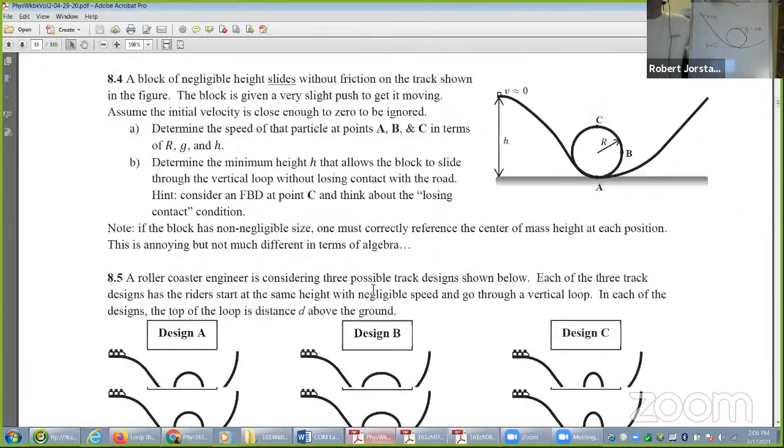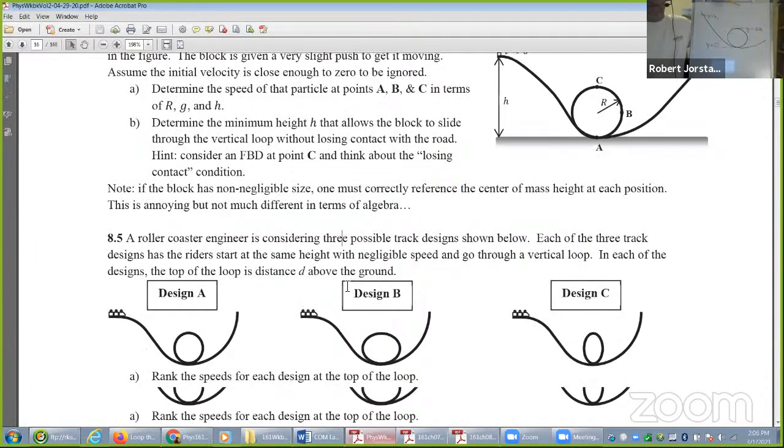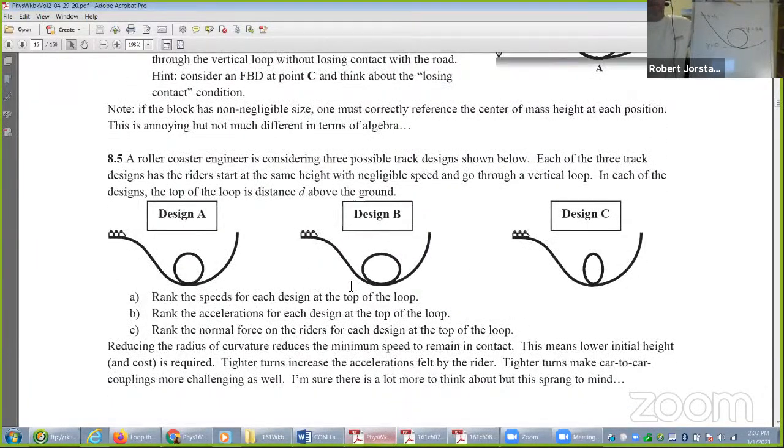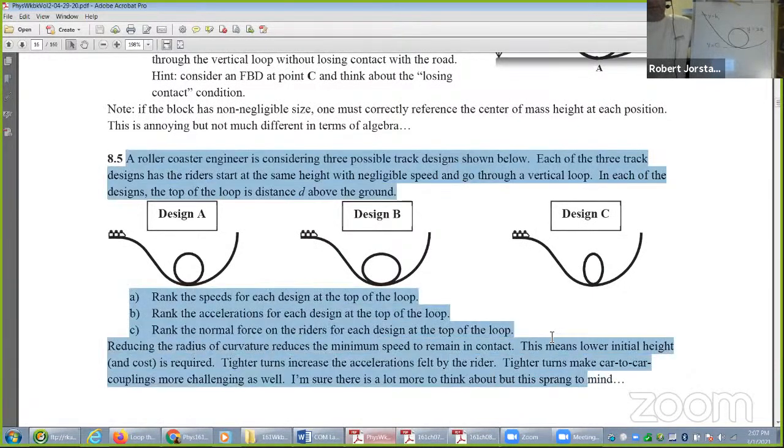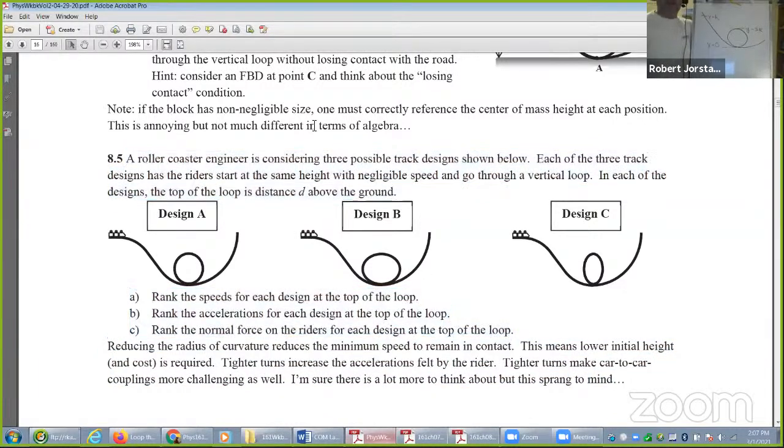Now, imagine you're a roller coaster engineer. Which loop has the greatest speed at the top?